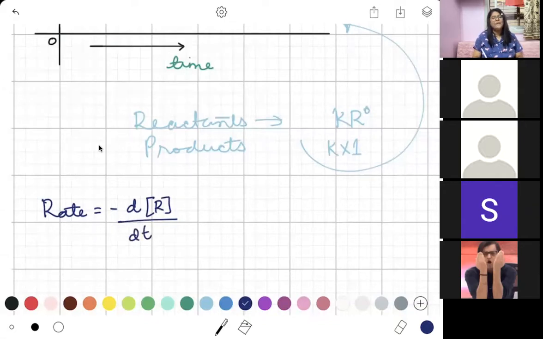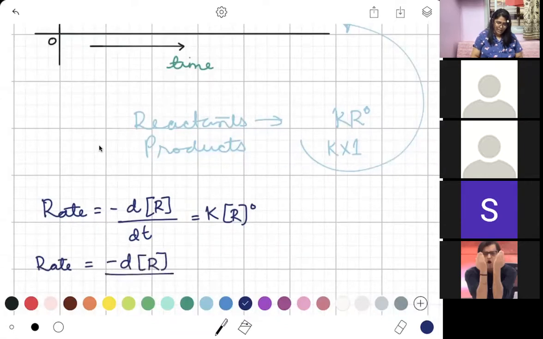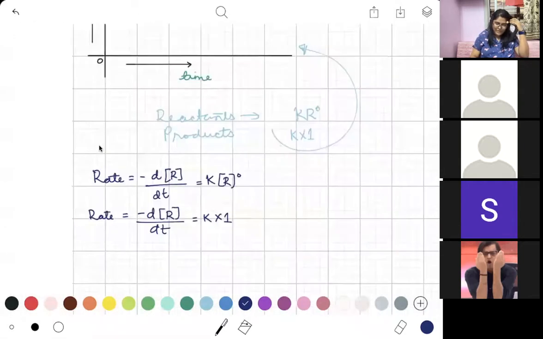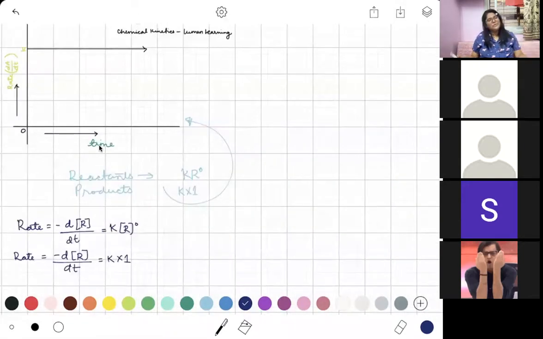So d[R]/dt is going to give me the rate of reaction for my reactants raised to 0. I can also rewrite the same thing as rate is equal to d[R]/dt, where my K is multiplied by 1, because the concentration of my reactants is 1.